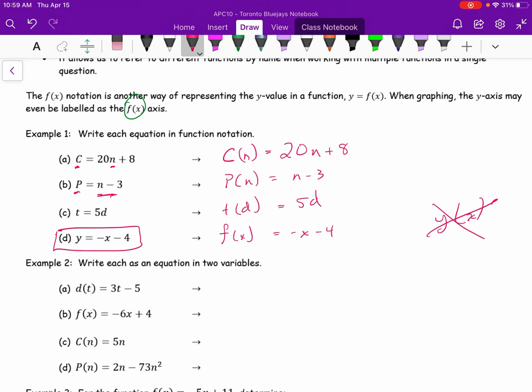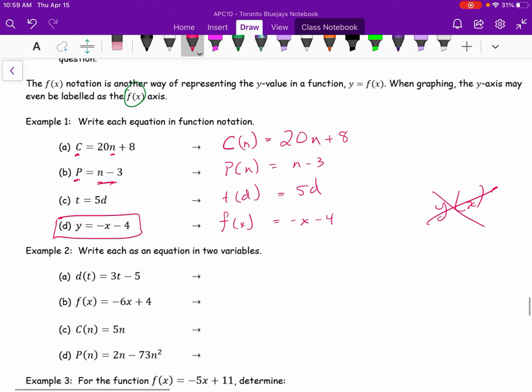So here, for example number 2, we're going to write each as an equation in two variables. So when I take a look, I have two variables, and whenever you see functional notation, here d of t, whatever's in the brackets is actually just silent.